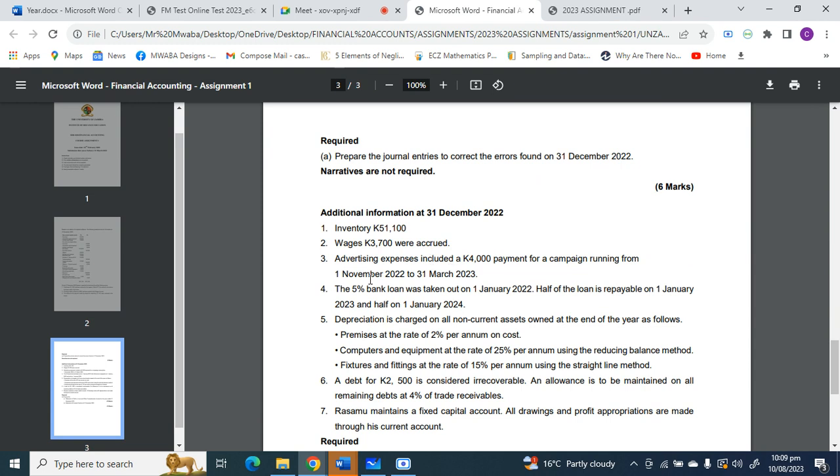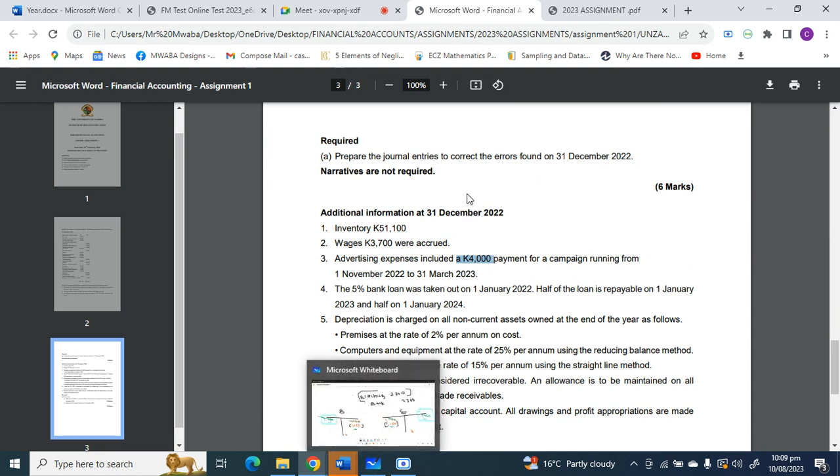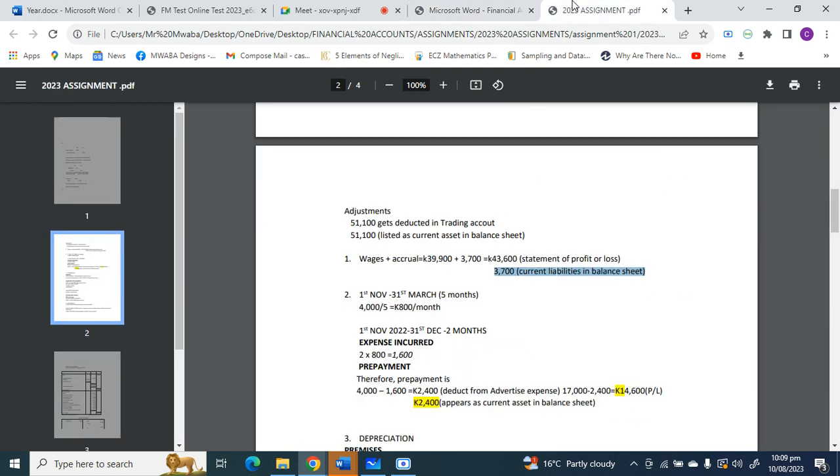So this payment is for 5 months. All right. So the total bill is 4,000. So we need to know first the monthly payments. So to get the monthly payments, you say 4,000 divided by 5 months, you get 800 kwacha per month. All right. This is the monthly payment.